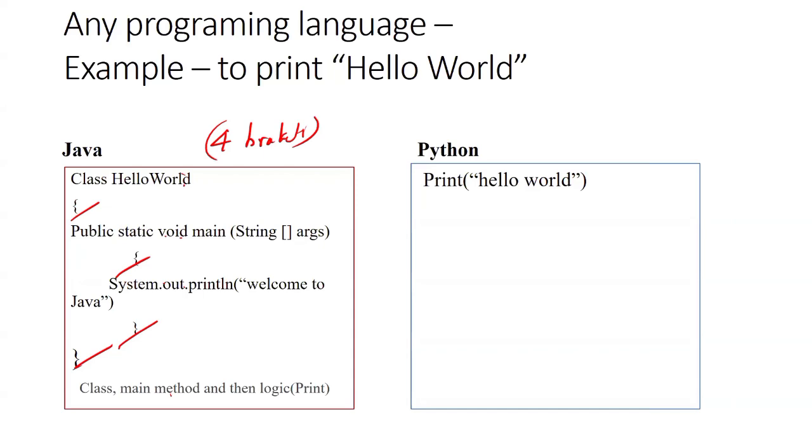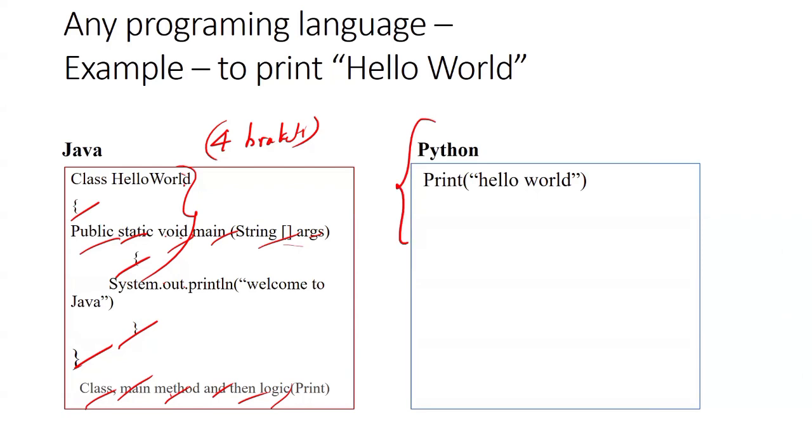Literally, I don't understand why they're writing 4 brackets. And they've written string, arg, main, void, static, public, class, main method, add logic. Oof. It's very, very hard to remember all this. But come on, why are we worrying about this? We are anyhow writing in Python. In Python, the syntax is very easy.